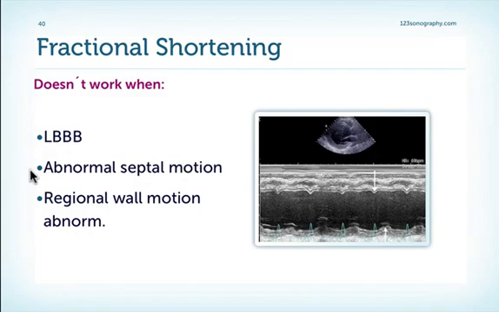You have the same problem if you have abnormal septal motion due to other reasons, for example, right ventricular pressure overload or volume overload. And you also have to be careful in situations where you have regional wall motion abnormalities, because this can lead to either over or underestimation of ejection fraction or fractional shortening, depending whether you have the region of infarction or regional wall motion abnormality within the ultrasound beam or not.